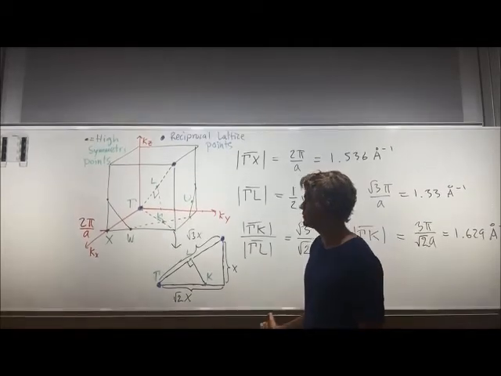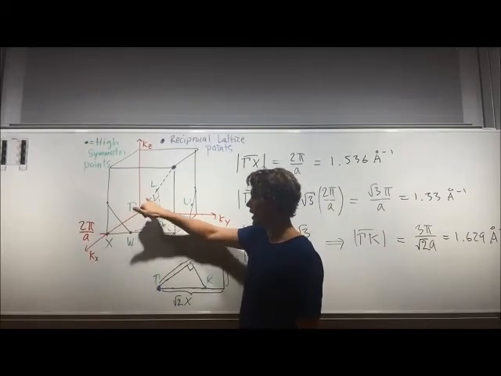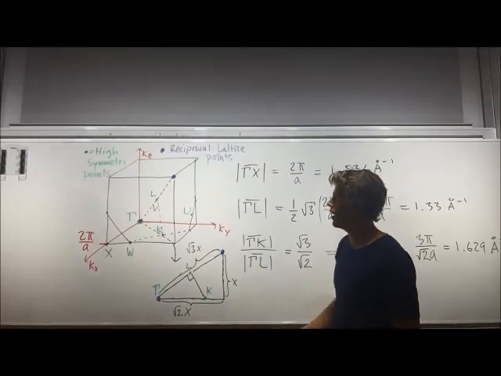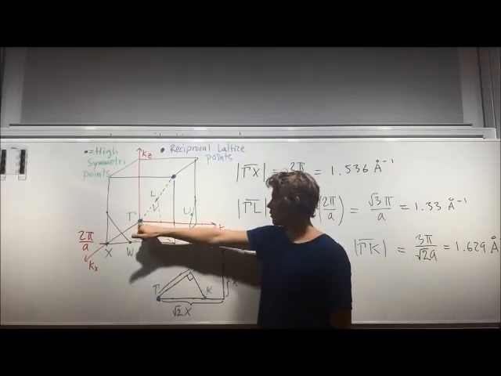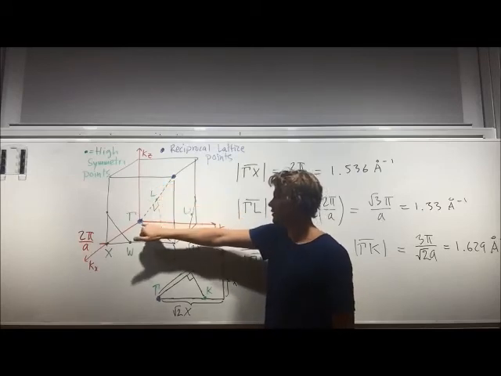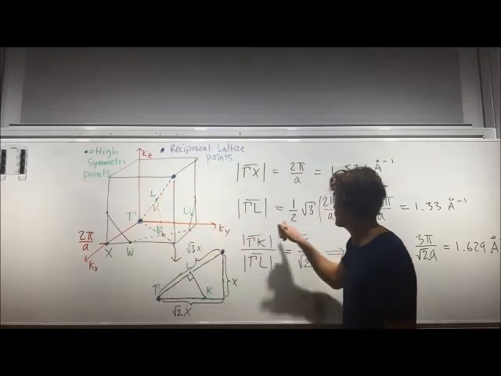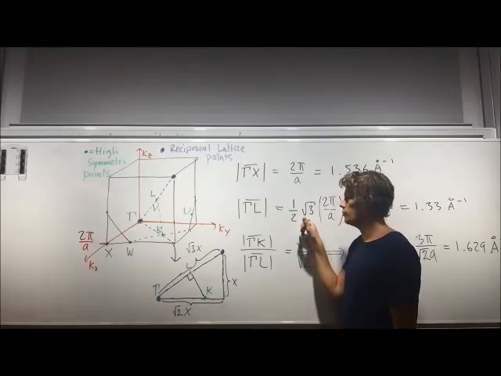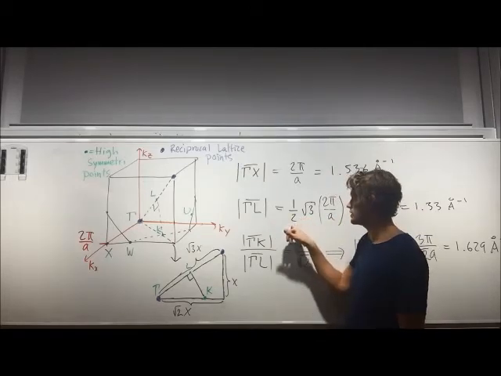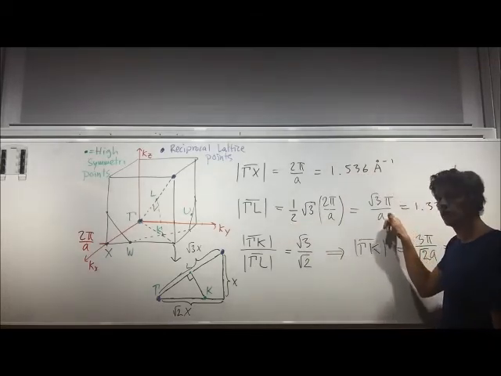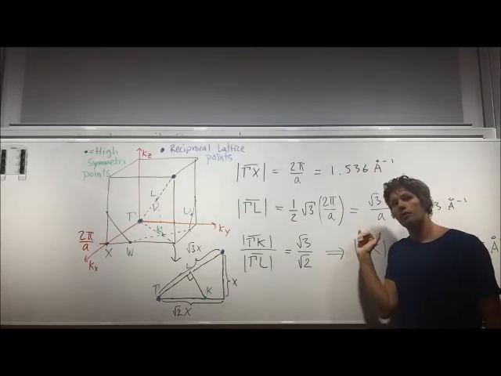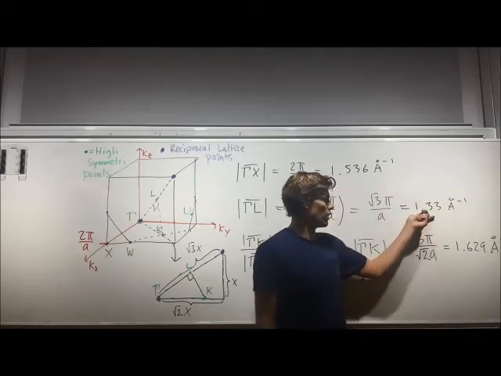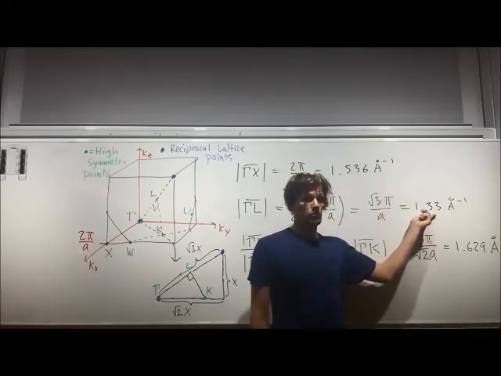For the distance between gamma and L, you can see that it is half the way from one lattice point to the other. This distance must be 2 pi over a times the square root of 3, right? That's the long diagonal in a cube. Half that distance gives you square root of 3 times pi divided by a, which results in 1.333 angstroms to the minus 1.